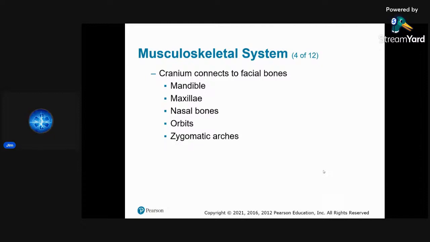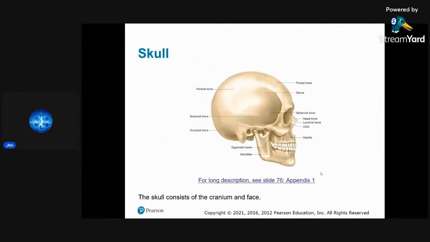The maxilla, which is your upper jawbone. Nasal bone, your orbits or your eye sockets, and your zygomatic arches, which is your cheekbones, right? Some people have more distinguished cheekbones. For example, people of Hispanic heritage or American Indian heritage have distinctive cheekbones.